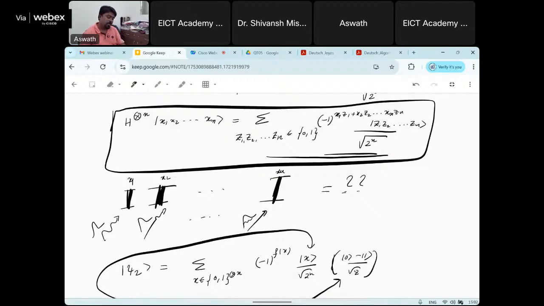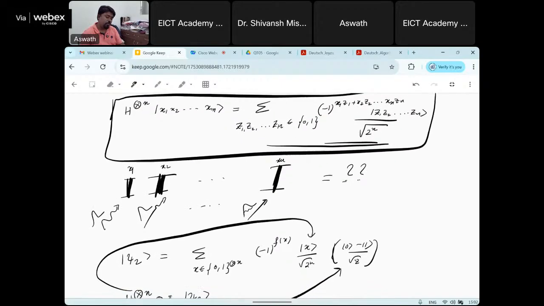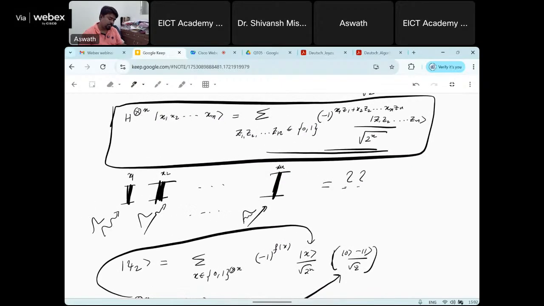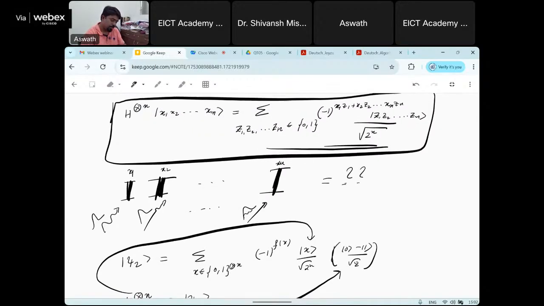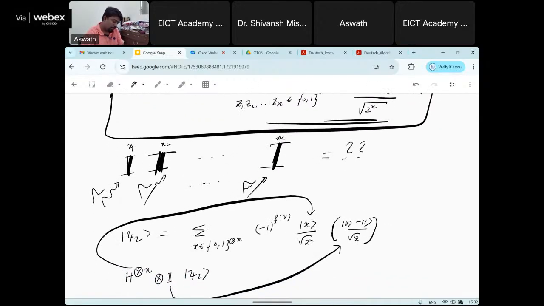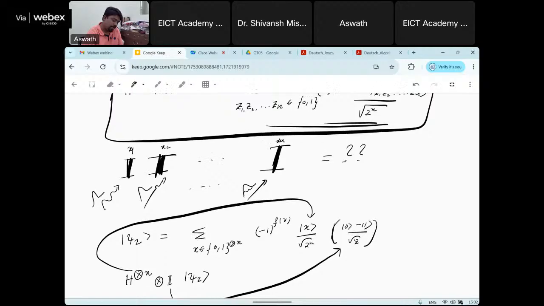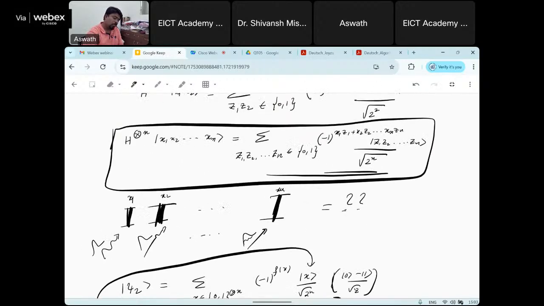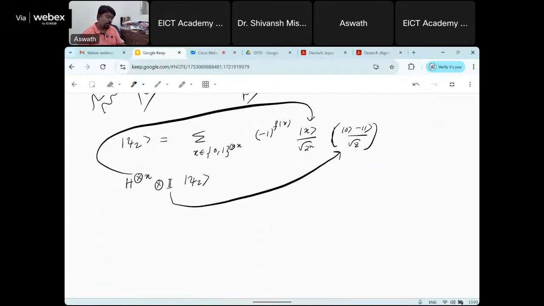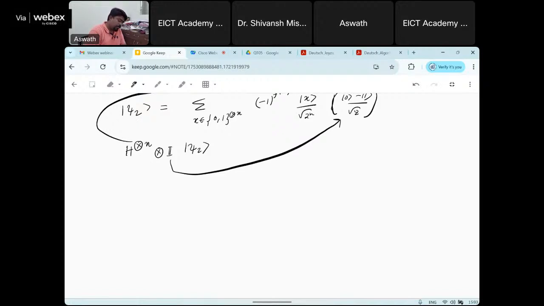It is very, very important to follow. So n Hadamards acting on x gives the output like this. Let me write it down now carefully.